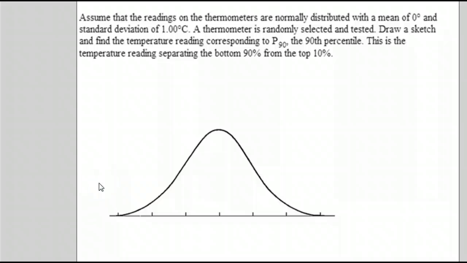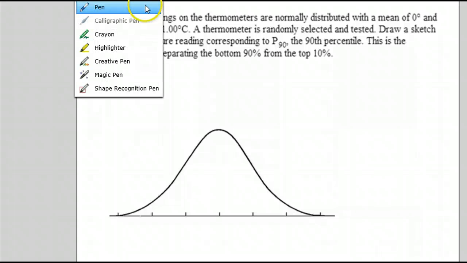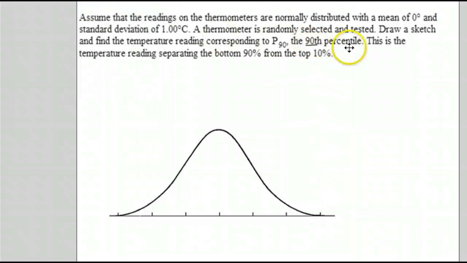Alright, now another thing that you do in this section is, instead of "here's a number or two numbers, find the area between them," you get an area to the left, the percentiles, or an area to the right sometimes, and you have to find the number that has that area to the left of it.